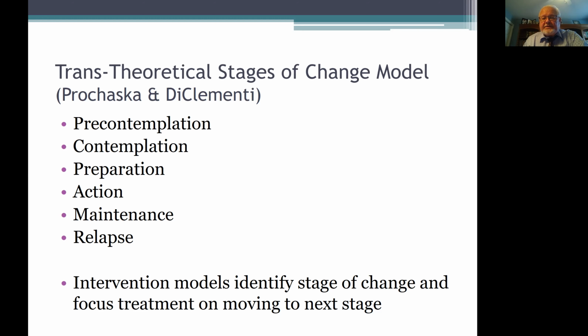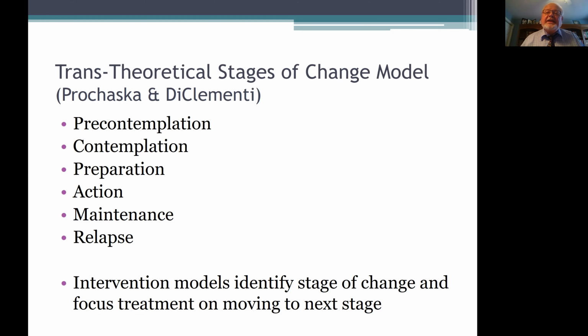Intervention models based on these trans-theoretical stages identify the stage of change and focus on moving to the next stage. For example, if a person denies having an alcohol problem, which is a pre-contemplation stage, the response may be to focus on, well, what would make you think that a problem could be there, which would be a contemplation stage.